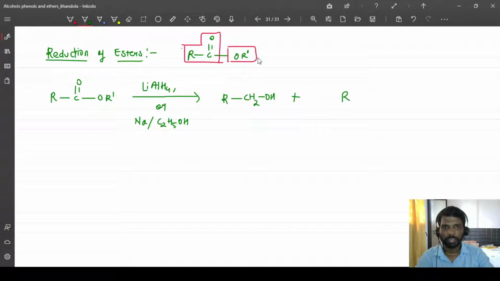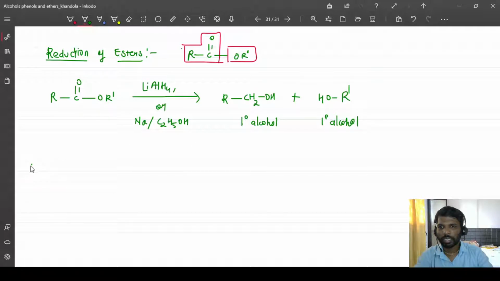This is the R dash OH. These are the two alcohols which we will be getting. If I take examples and ask you to guess the names of the alcohols we will be getting, in both the cases we are getting a primary alcohol only.